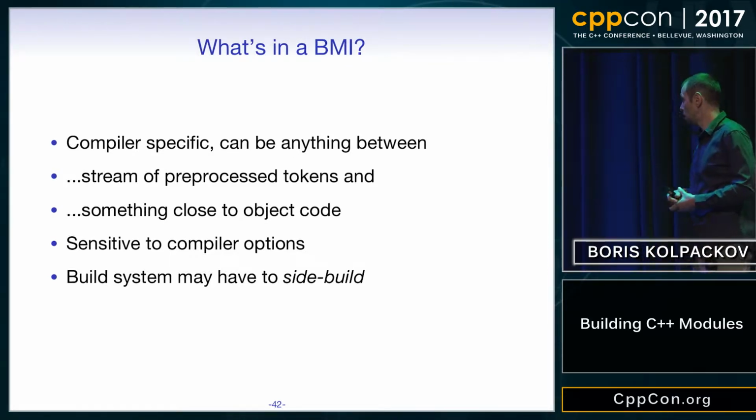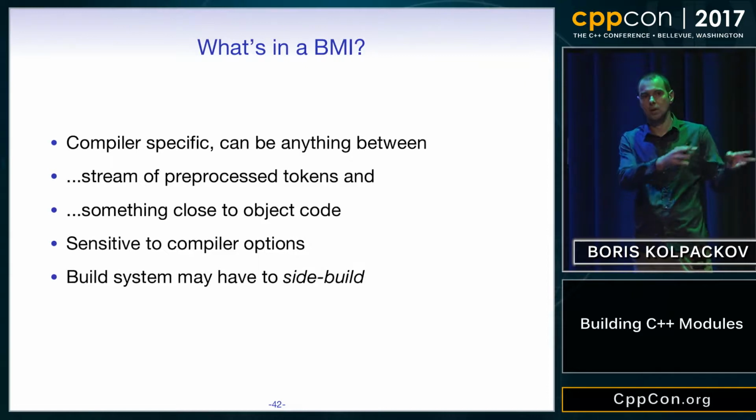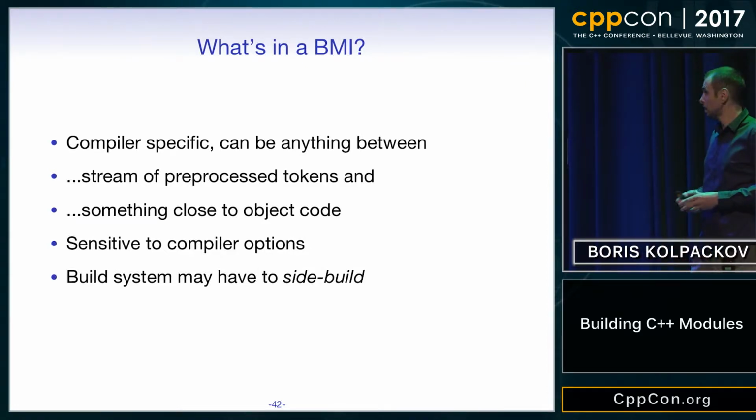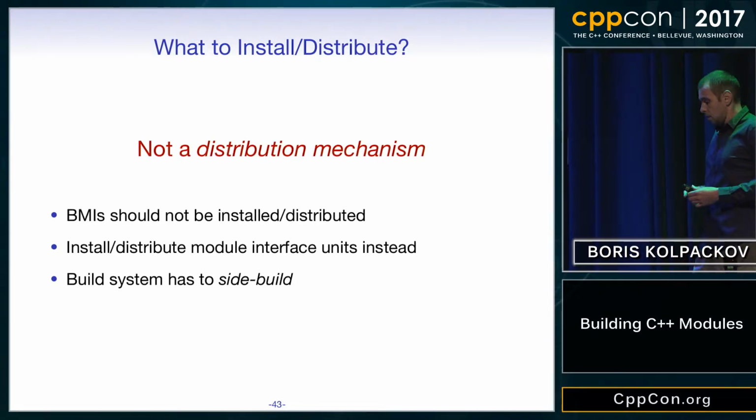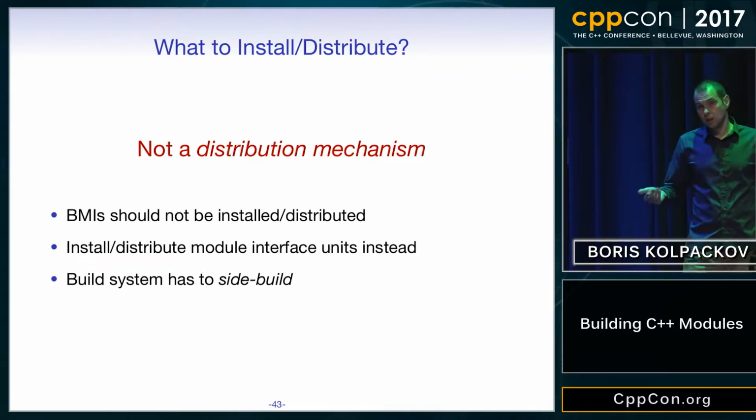In build2, we call it side build. So we have to build things on the side, hidden from the consumer, and use that. Let me also notice that this dependence on compiler options, or potential dependence, is a very murky area and currently unspecified.